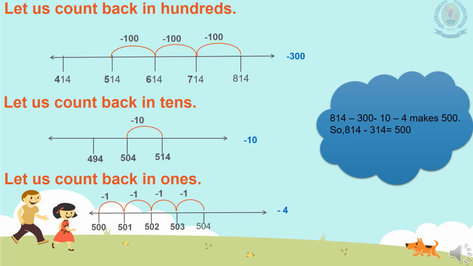Finally, we count back in ones. From 504 to the answer of 500, we only count back in ones 4 times. It's minus 4. Then the answer comes by subtracting 300, 10 and 4 from 814 to get the answer of 500.